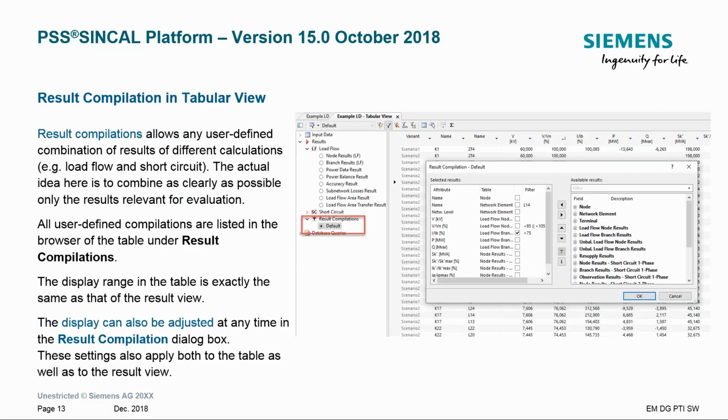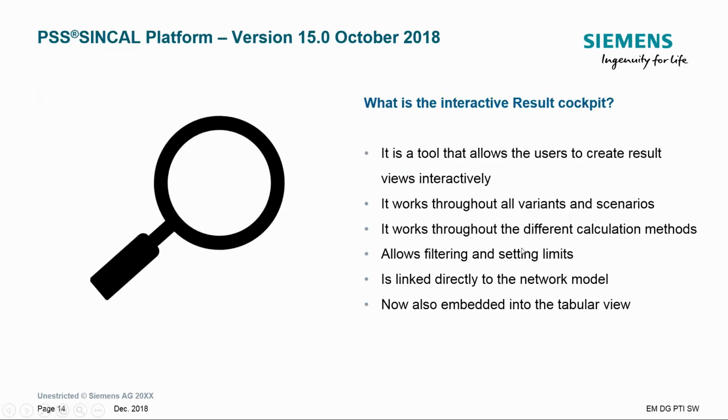And the second or third feature we added in the tabular view was the result compilation. So you get as default the result compilation you did before. So what is the interactive result cockpit? You may know that we added that last version, but now we have it completely also in tabular view.